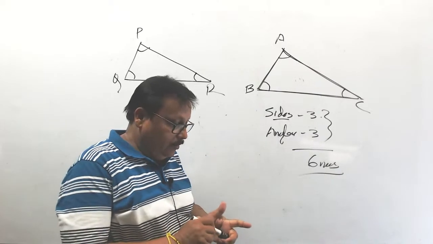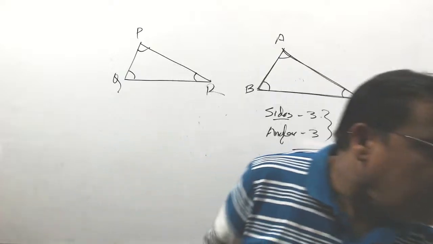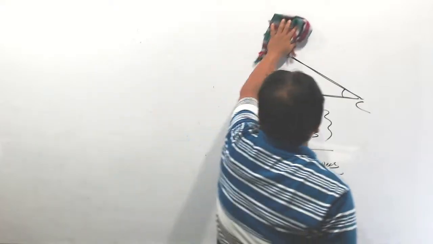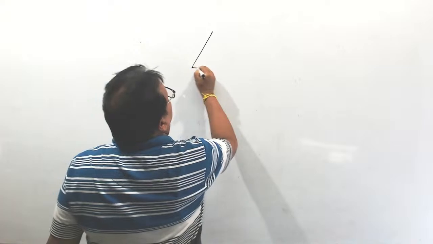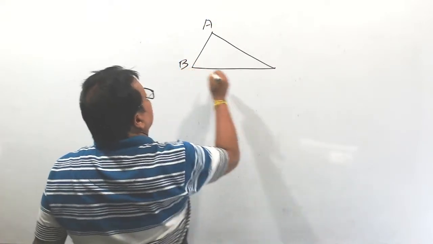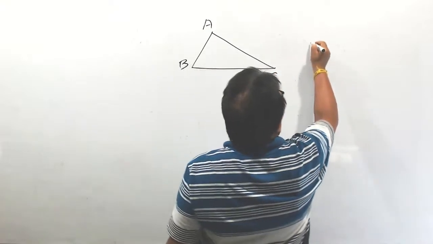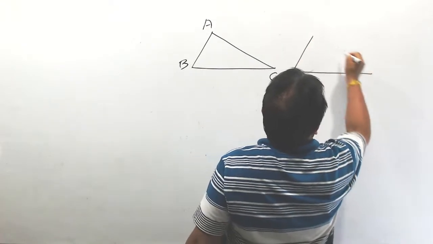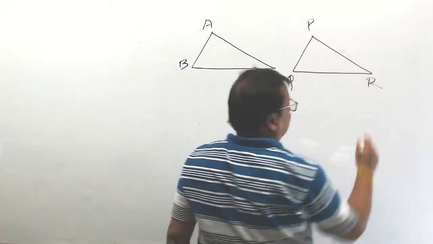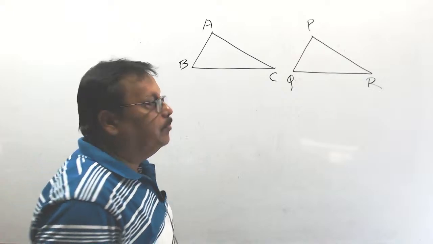Okay, now I am drawing a fresh picture, two triangles. Here is one triangle, ABC, and here is another triangle, PQR.